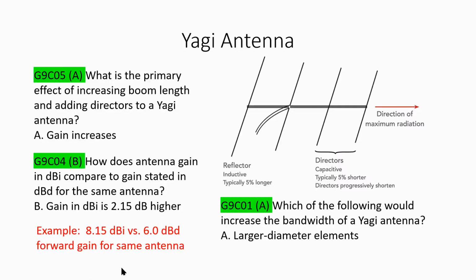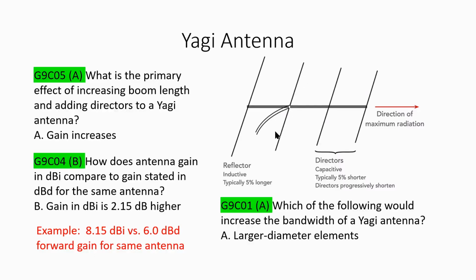Another thing that's a question on this test is, how does antenna gain in dBi compare to gain stated in dBd? Your answer is dBi is higher, because when you show a realistic model of an antenna, you assume that since it's all based on a dipole, you can't count this 2.14 that you get theoretically when you go from an isotropic point to this element.